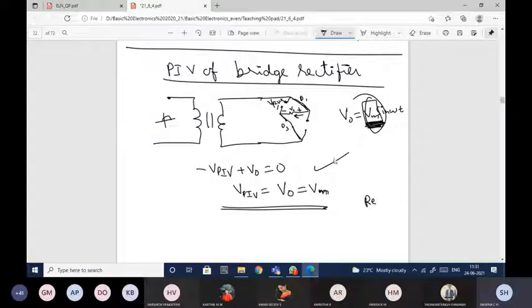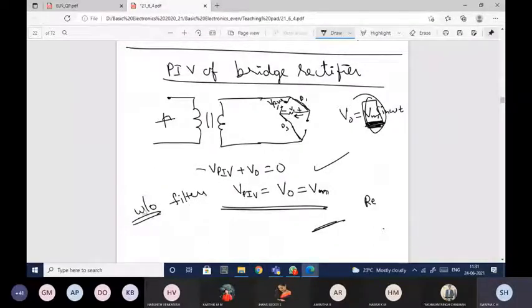Generally filters are made using RLC combination, LC combination, RC combination, like that. Here I have not used any capacitors or inductors. So whatever we have done until now is without filters. In the next classes we'll see with filters.